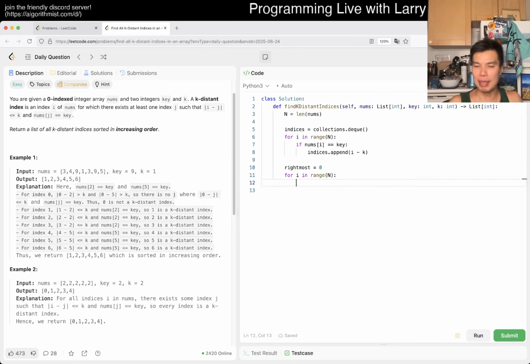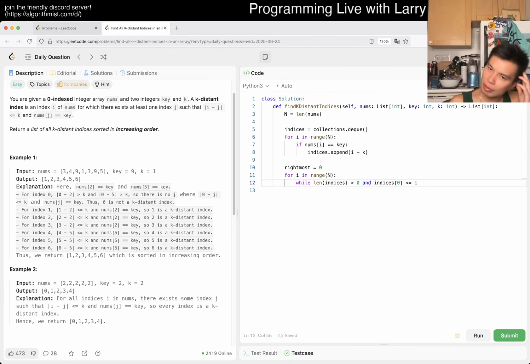And then here maybe we go while length of indexes is greater than 0, and the first element of indexes is less than or equal to i.